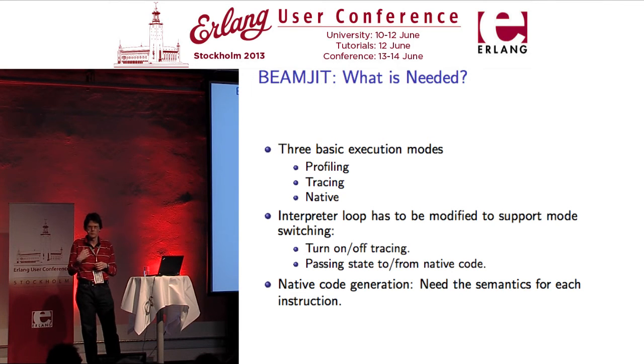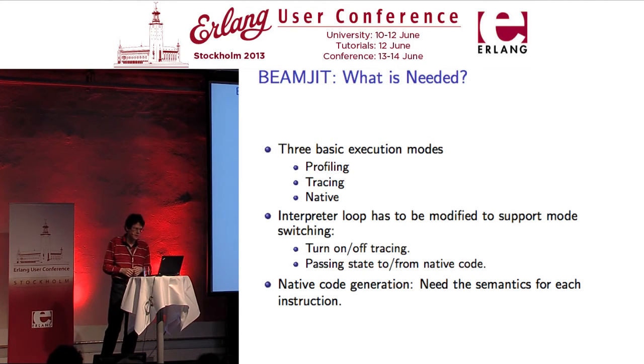And then we have to be able to run things in native code. And to do that, we have to support an efficient way of switching modes. That means turning from the profiling mode into tracing mode and back again, and then also passing state from the interpreting world to the native world where we're running native code.